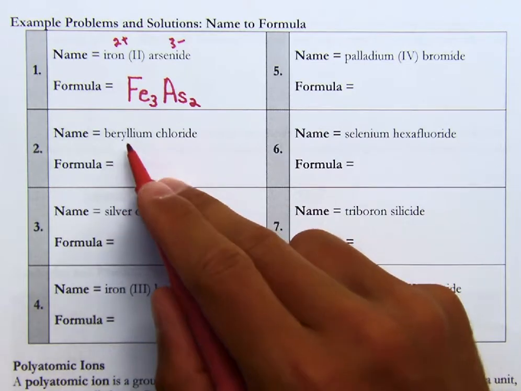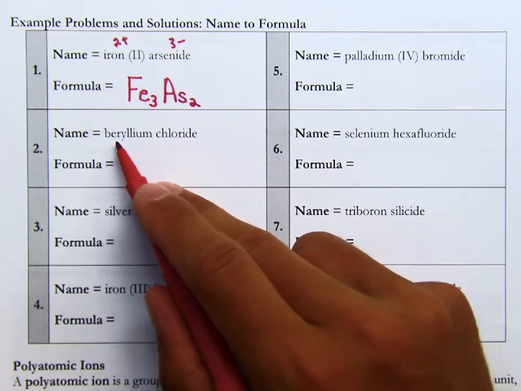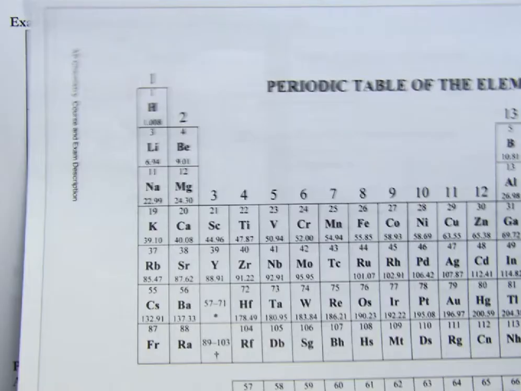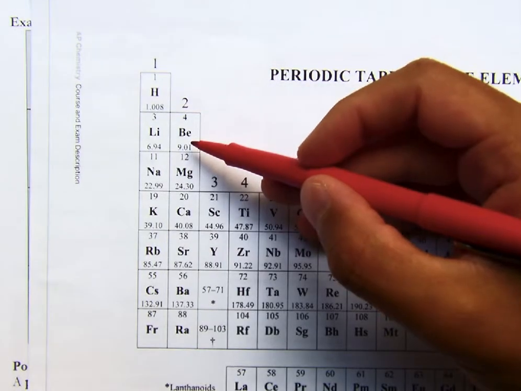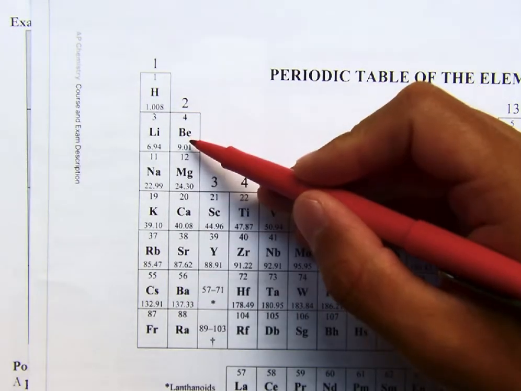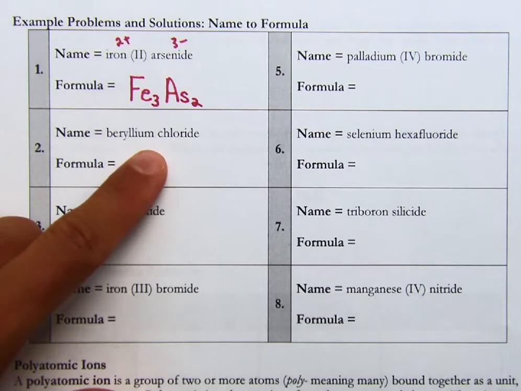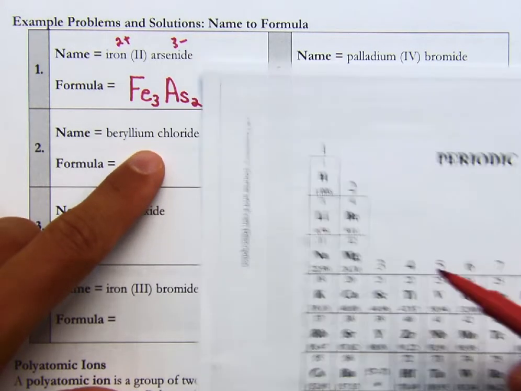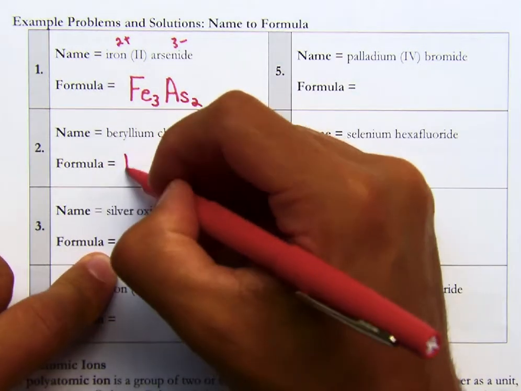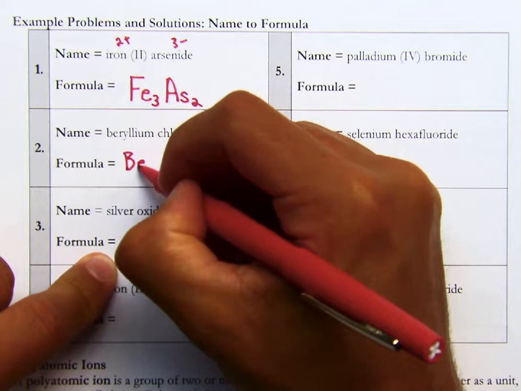The next one, barium chloride. Or sorry, this is beryllium chloride, but it's the same rules, so no big deal. Beryllium is right here. Barium is down here, same column. They're both metals. It's a type 1 metal. That's why there's no Roman numerals here. Now everything in column 2 has a +2 charge. So Be is beryllium.